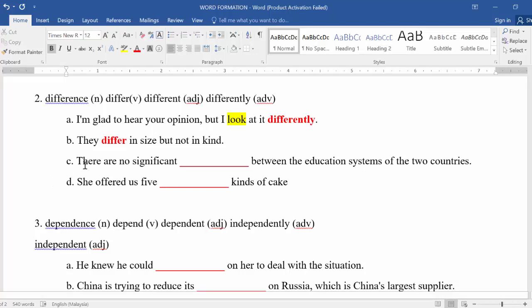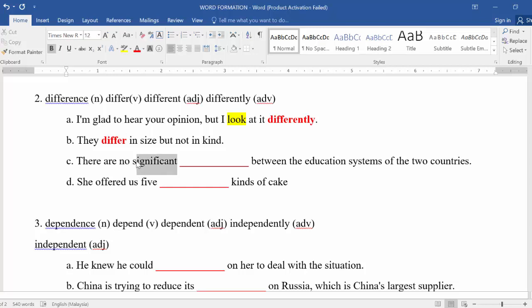Okay, differ. C. There are no significant. Significant means important. Okay, significant can mean important or big or large. Okay, there are no significant what between the education systems of the two countries. Okay, significant here is an adjective.